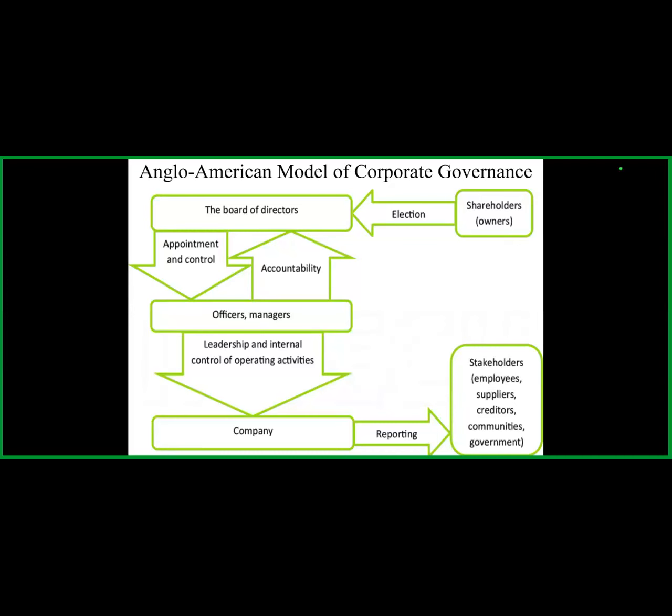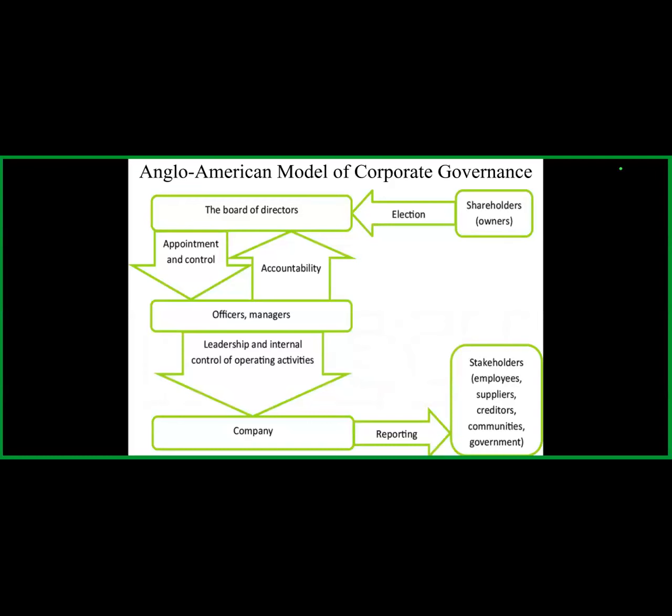Whatever decisions they are taking, the department is taking, they have to take the accountability for that. That is very important. So appointment of the senior executives is made by the board of directors, and these managers or senior officers are accountable to the board of directors.